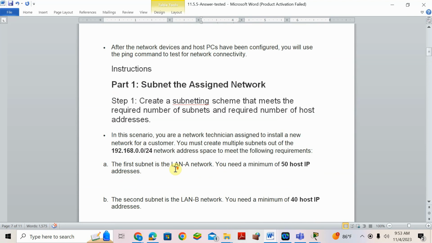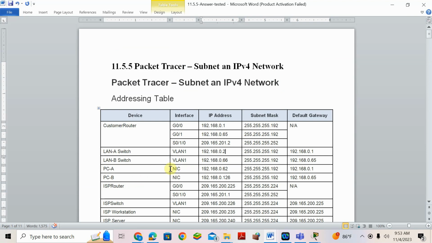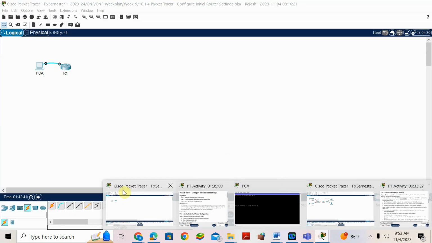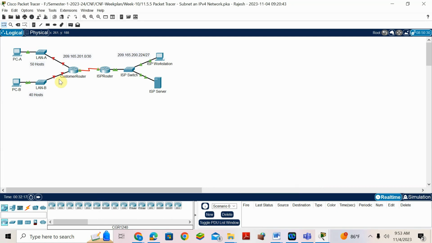Last host address means 62. PCA will get 62. The subnet mask is there. What about the gateway? The gateway for LAN A switch and PCA is customer router G0/0. This address you will write here, 0.1, because for LAN A switch and PCA, this is the default router interface G0/0, right? That IP I will give there.